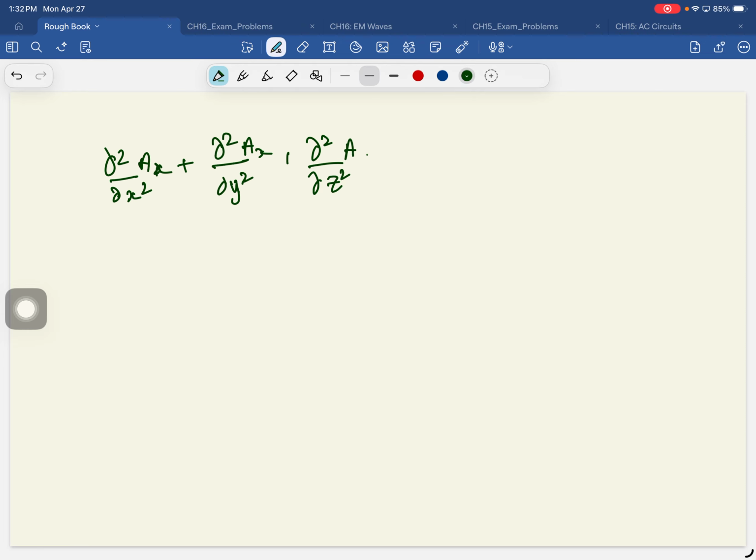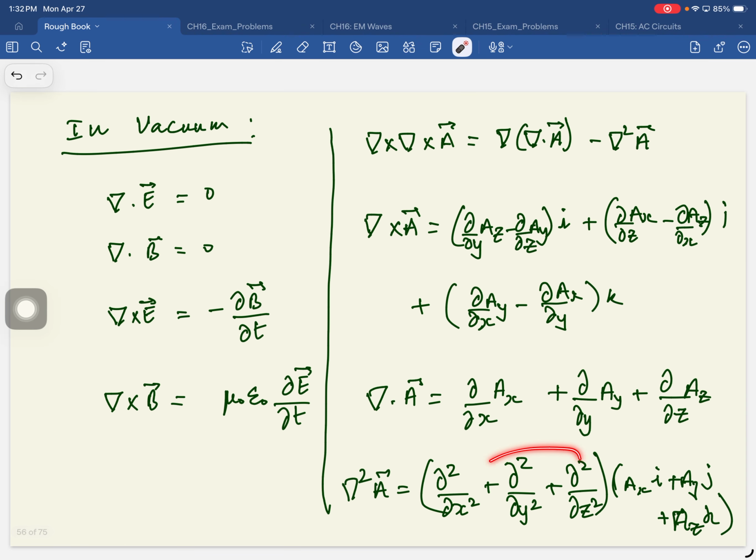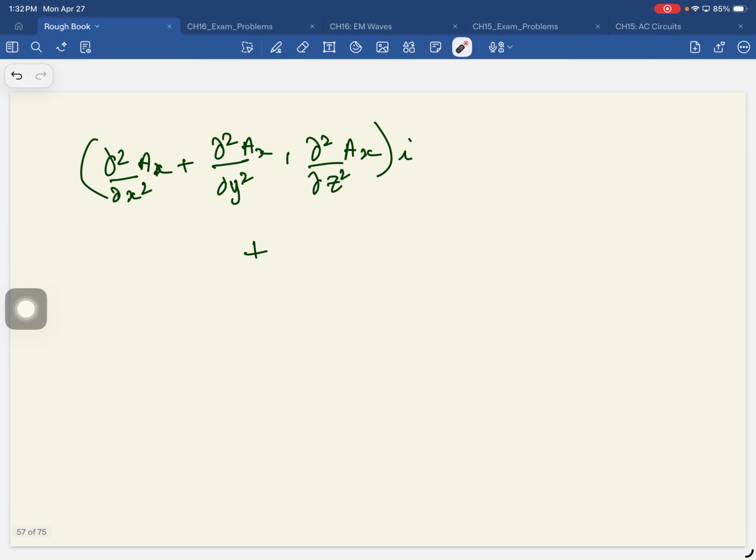You can take the curl first and then the time derivative. This is equal to minus del by del t of curl of B. Well, what is curl of B? Curl of B is equal to a time derivative of the electric field.